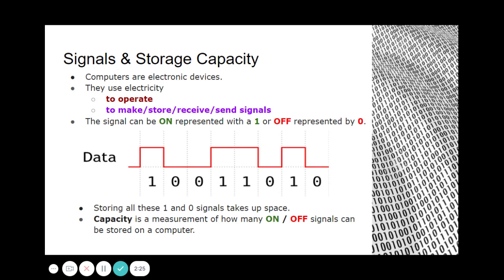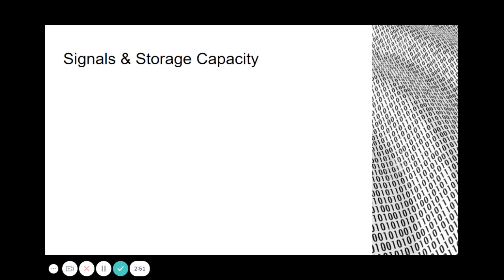Capacity is the measurement of how many on or off signals a computer can store. So if someone asks, what's that computer's capacity, what they're referring to is how many ones or zeros, how many on or off signals, a computer can store.